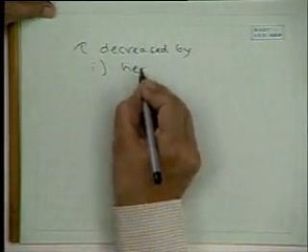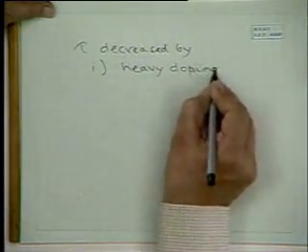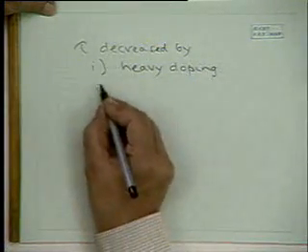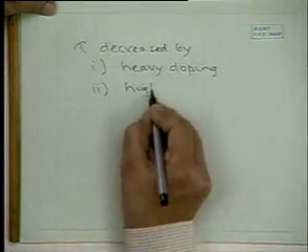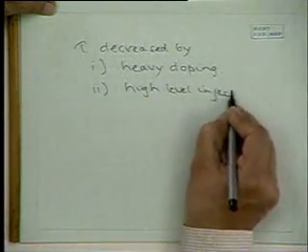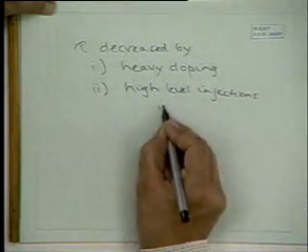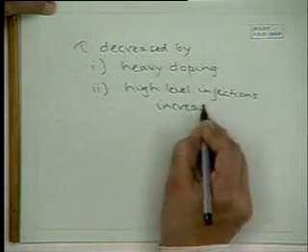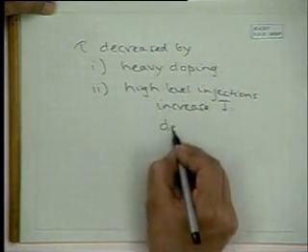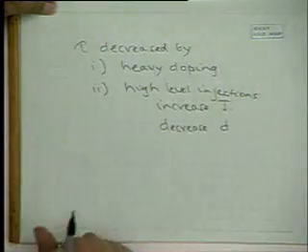One is by heavy doping, which reduces the minority carrier lifetime, or you can have a very high level of injection.